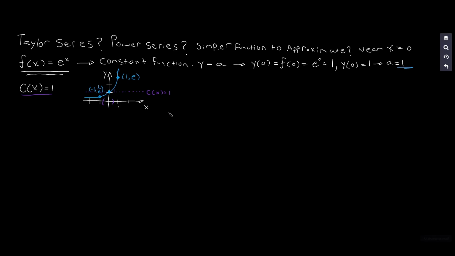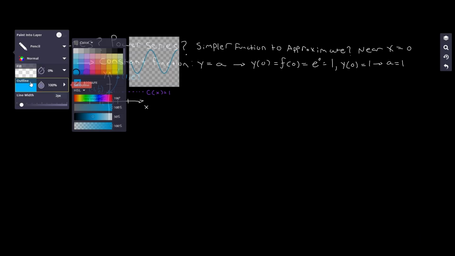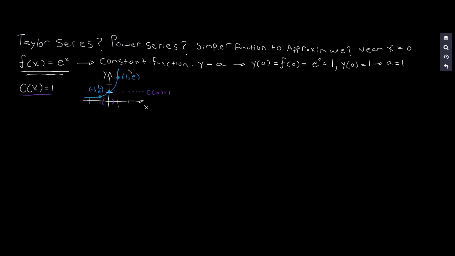We're trying to use a simpler function to describe e raised to the power of x. And this is a line, and it's okay at this point kind of, but not really. It's not that great. So that's our first attempt, a constant function attempt. You can call this attempt 1.